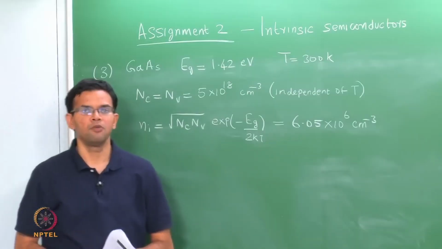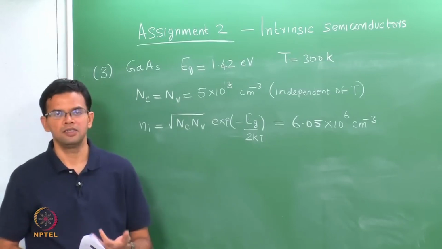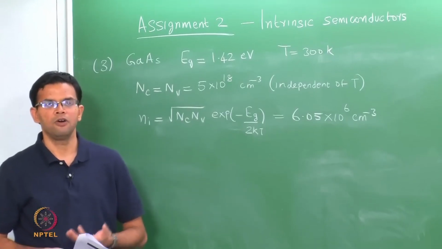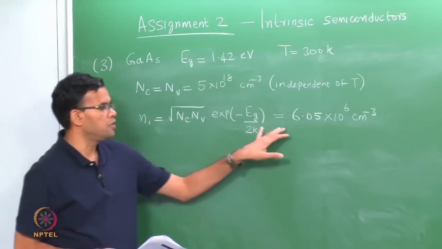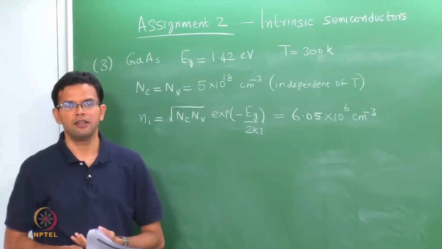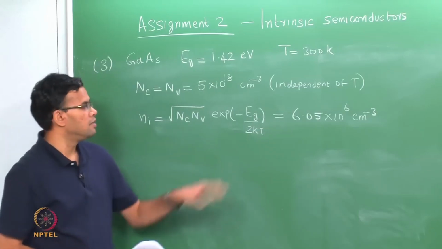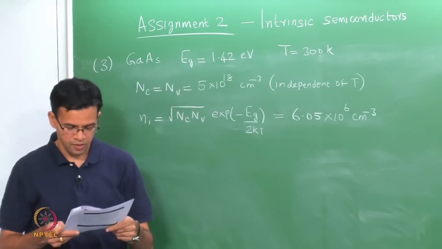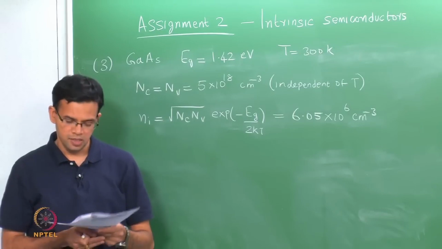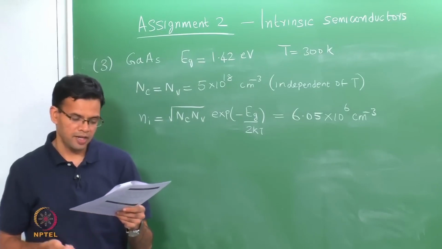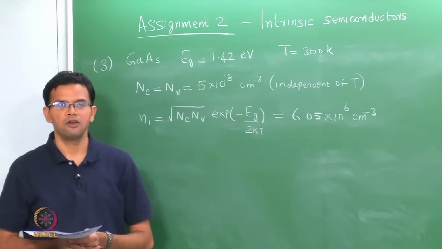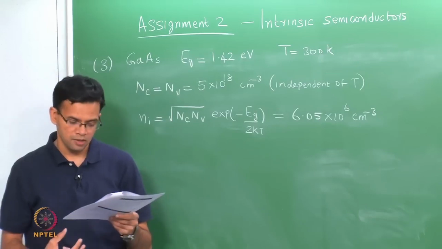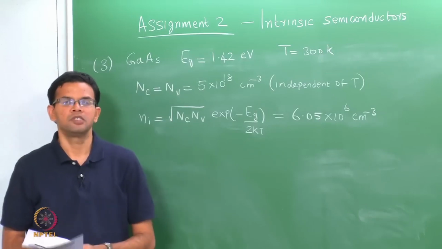Ni is a pretty small number. For comparison, silicon has a value of Ni of 10 to the 10. So, 4 orders of magnitude higher, but this is because gallium arsenide has a higher band gap. The next part of the question says explain numerically how the carrier concentration can be doubled without adding dopants.